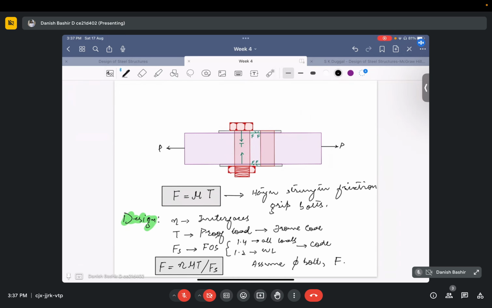We also call them high strength friction grip, HSFG.